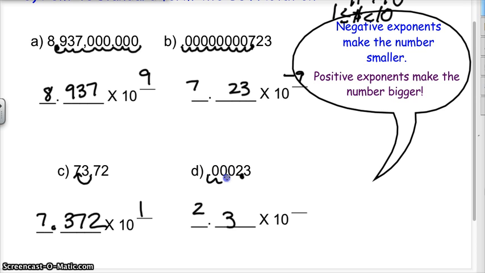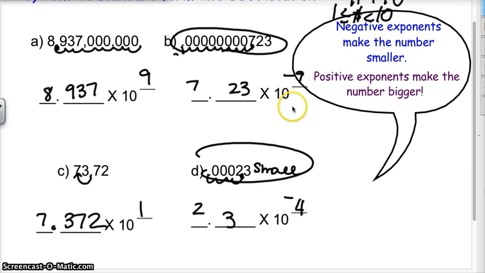So 1, 2, 3, 4. But notice that this value is small. So because it's small, it gets a negative exponent. Remembering again, those negative exponents make fractions. Fractions make decimals. So the ones with these really crazy decimals get the negative exponents.